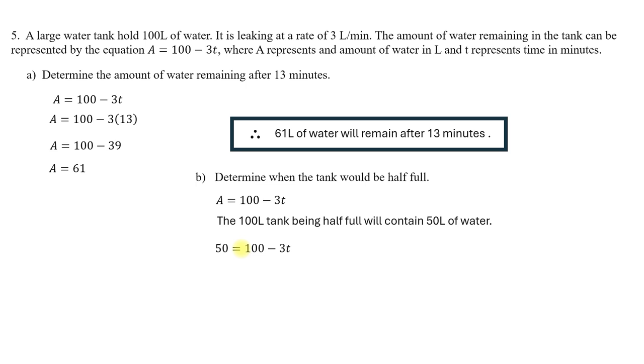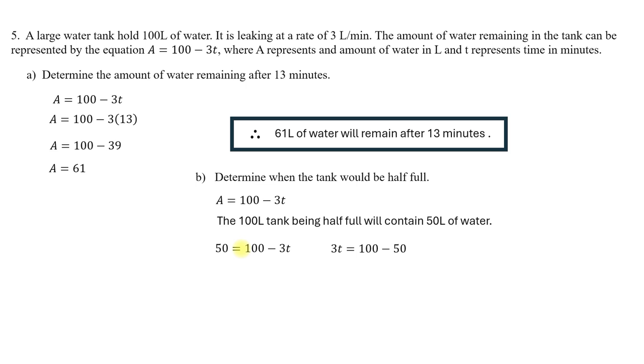So in this instance, we're solving for t. We want to know what t is when the amount is 50. So 50 equals 100 minus 3t. Flip this around and bring the negative 3t over to the left-hand side. Take the positive 50 that's on the left, make it a negative 50 on the right-hand side, and we're given 3t equals 100 minus 50.